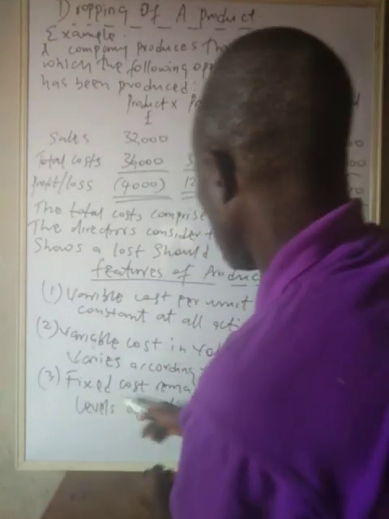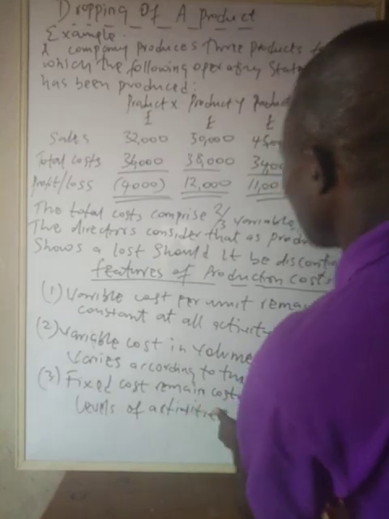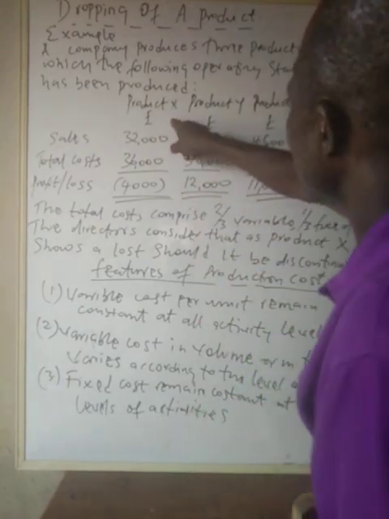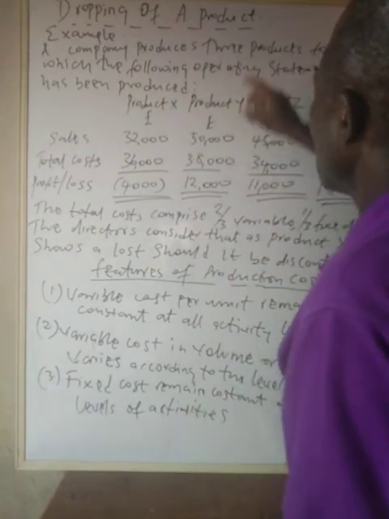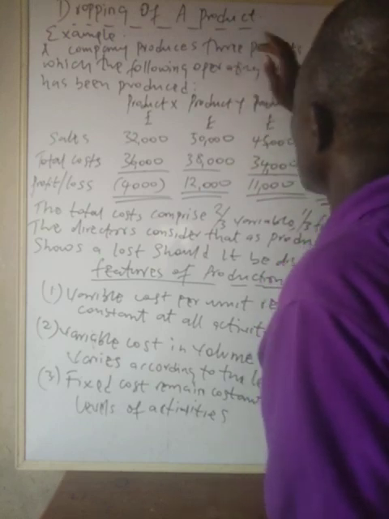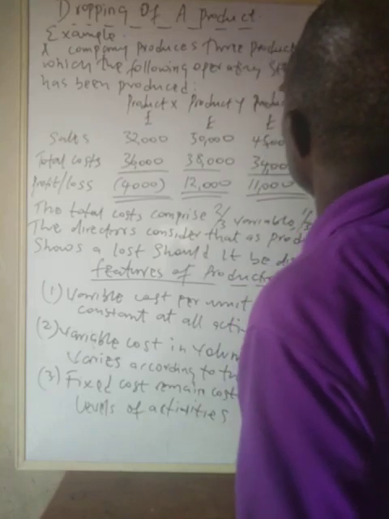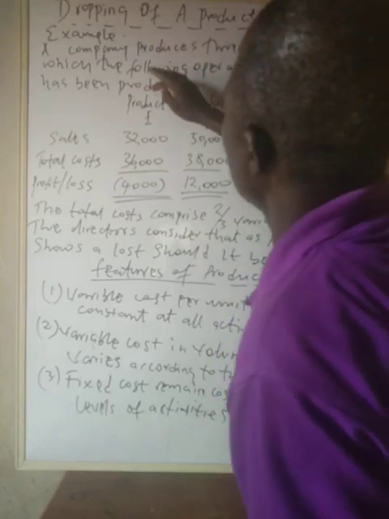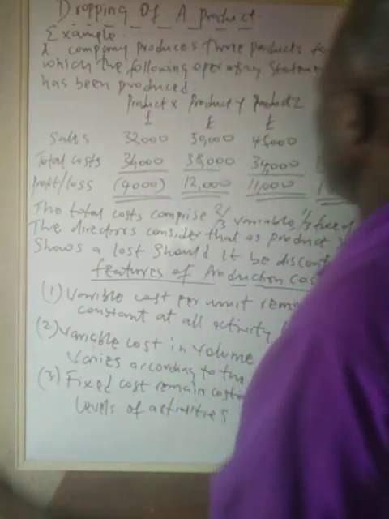Look at this: fixed costs remain constant at all levels of activities. Whether we discontinue this or not, whatever the production rate we produce, whether this one is 1,000, this one is 1,500, and this one is 1,200, all together.